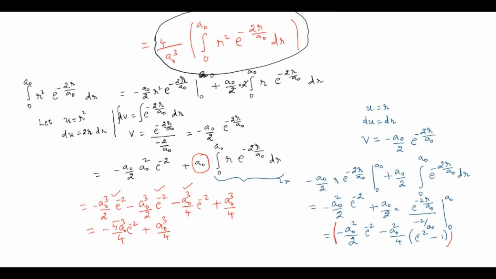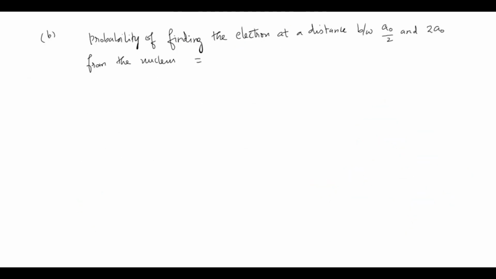So let me write down the integral here. The integral is 4 by a naught cube, integral r square e power minus 2r by a naught dr. The lower limit is a naught by 2, the upper limit is 2 a naught. So let us calculate this integral.